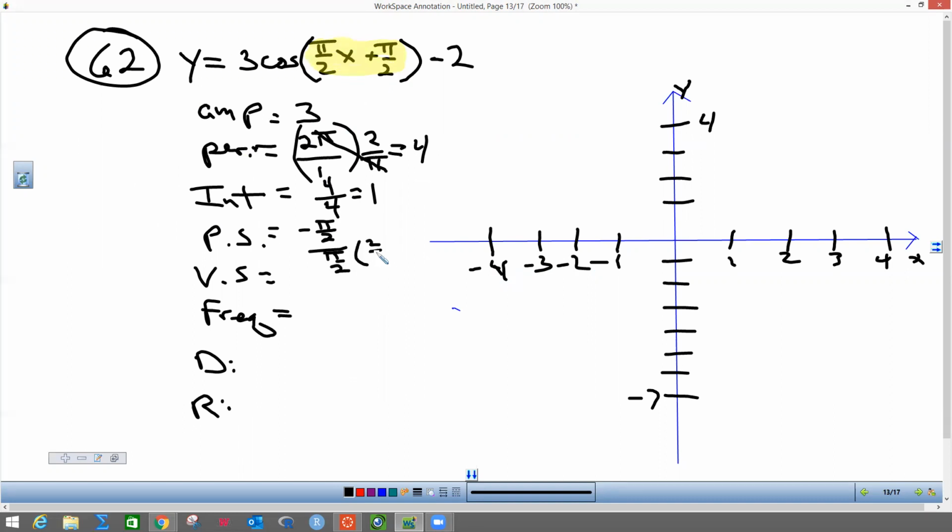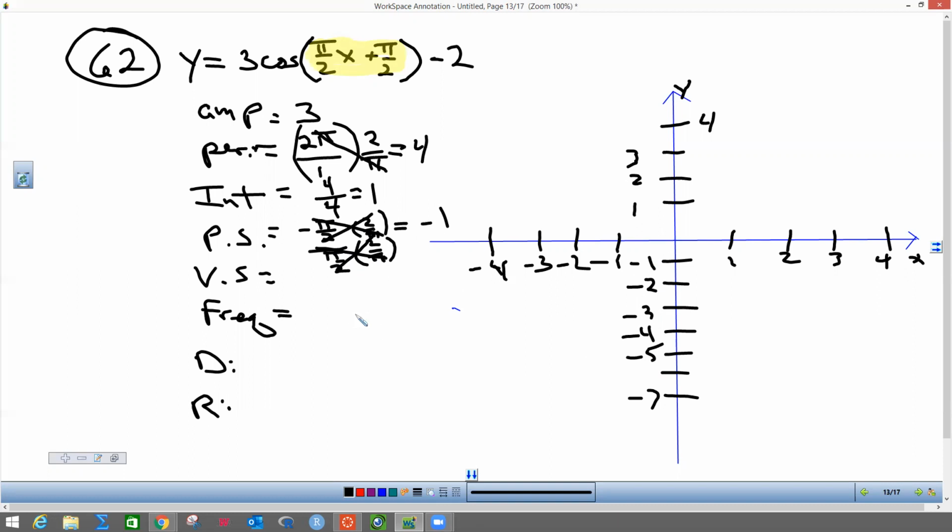So we got to multiply by the reciprocal. So these 2's reduce, these pi's reduce, these 2's reduce, these pi's reduce. That is -1. So in other words, we're going down by 1's. -1, -2, -3, -4, -5, 1, 2, 3.